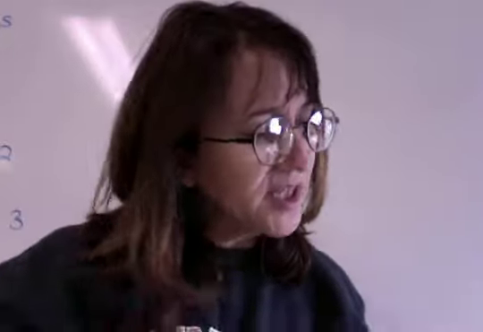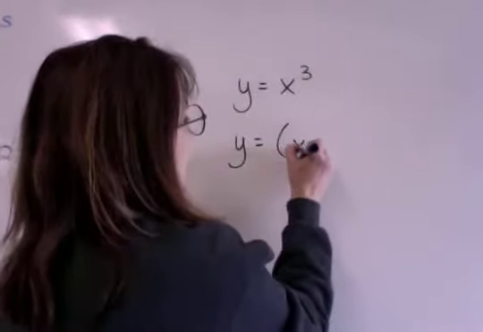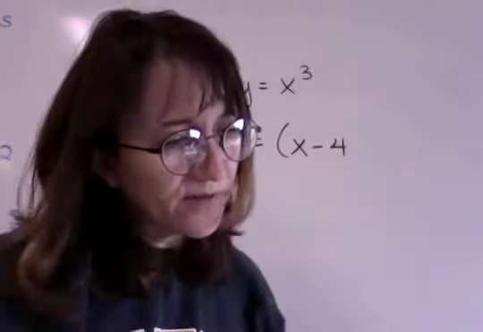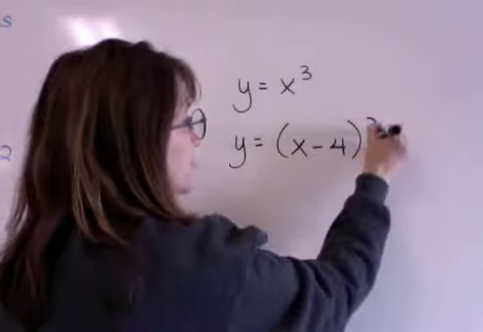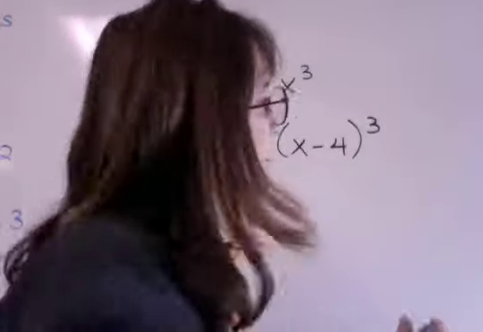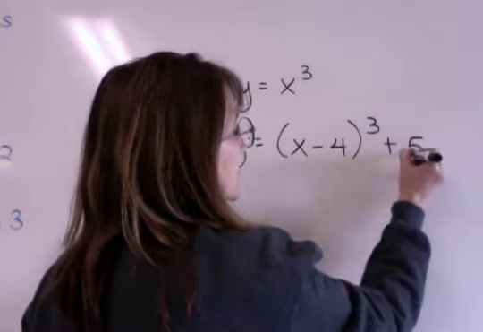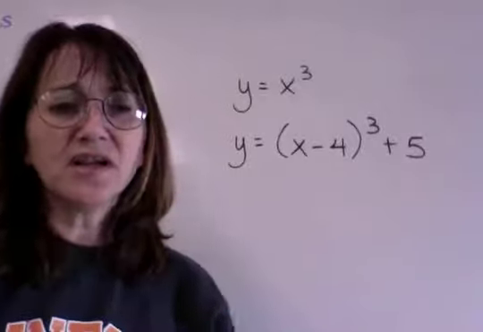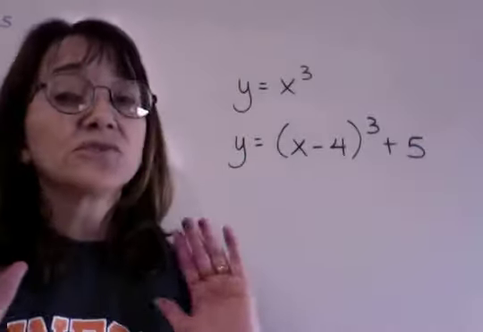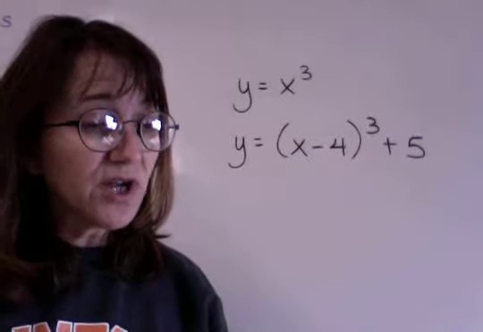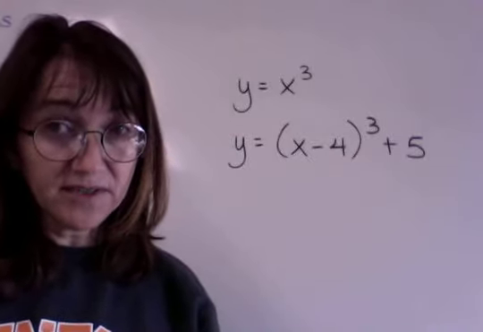Your next one looks like this. It's x minus 4, right? x minus 4 cubed. And then I'm adding a positive 5 to that. It's very, very similar to what we did with parabolas, okay?